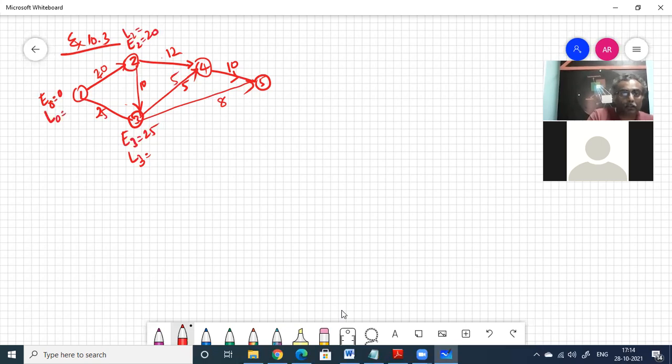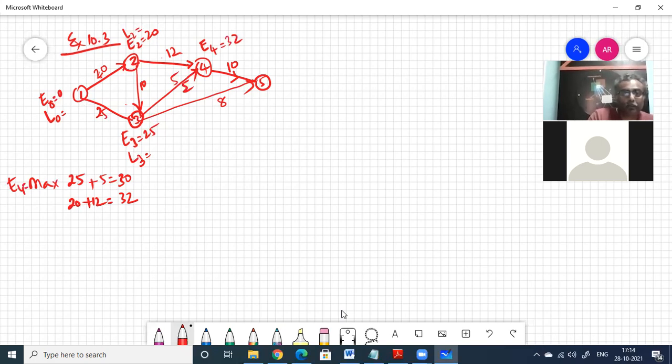Then E4, two things come. 25 plus 5 is 30. So E4 is the maximum of 25 plus 5, which is 30, or E2 which is 20 plus 12, 32. Maximum of 30 or 32 will be 32.